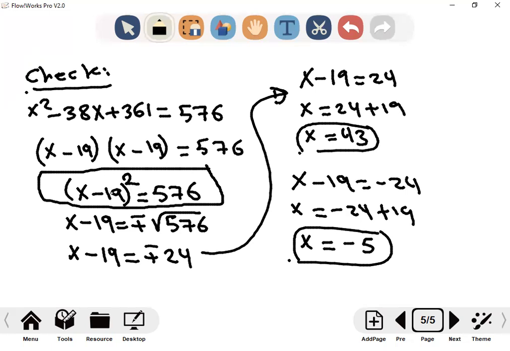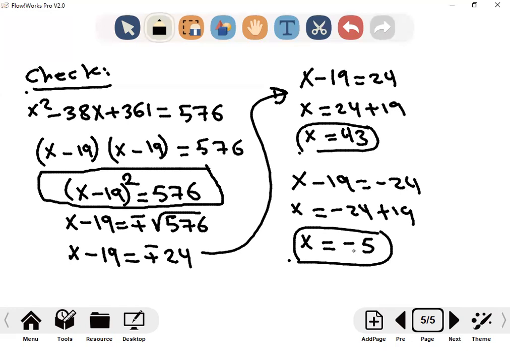Then what's inside the parentheses equals plus minus the root of the number, right? What's the root of this number? 24. So x minus 19 equals plus minus 24. Once I took the positive 24 and solved, and once I took the negative 24 and solved. Done.